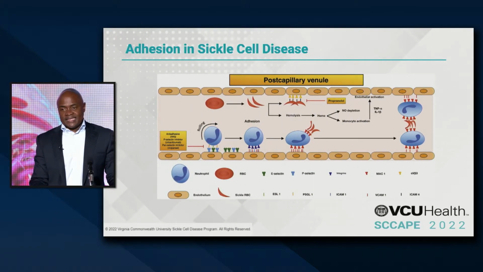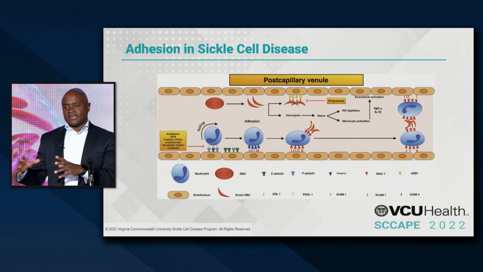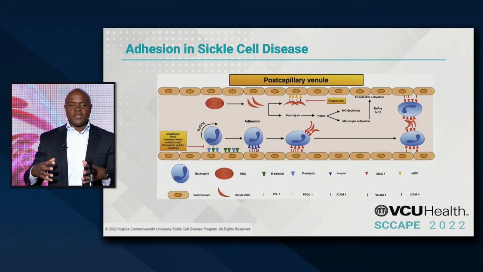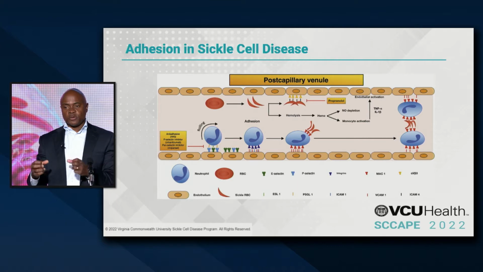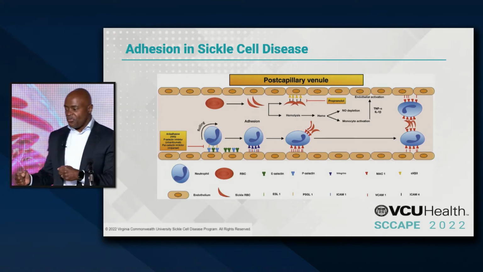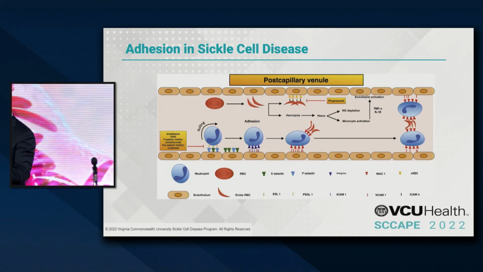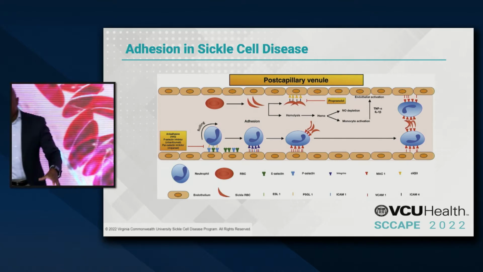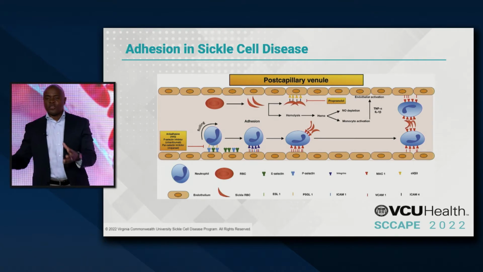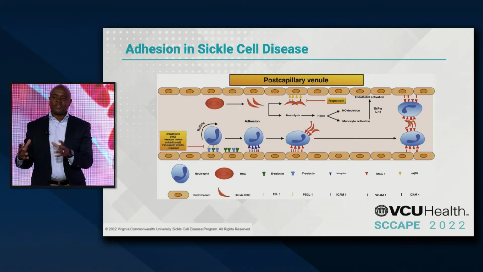Another thing that tends to happen is not only is the red cell deformed, but in the blood vessel of individuals with sickle cell disease, those red cells tend to be very sticky.